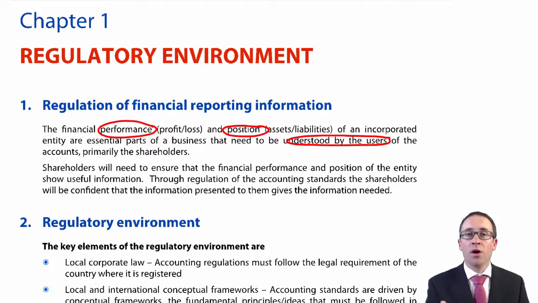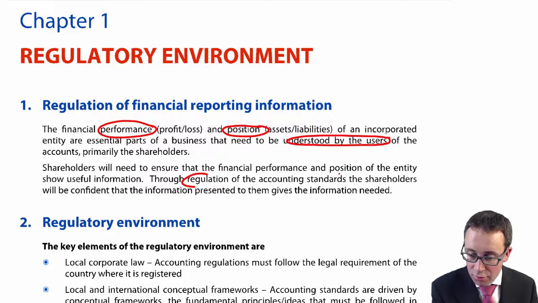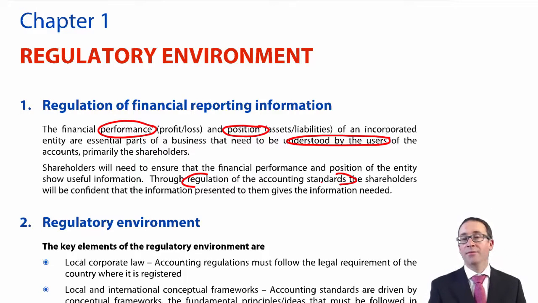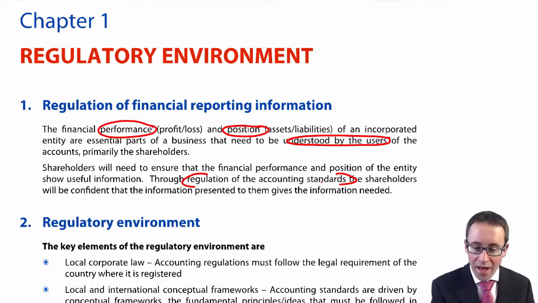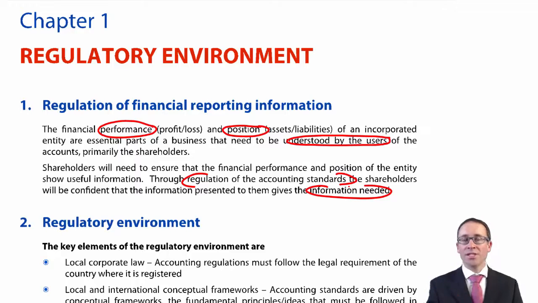The shareholders want to ensure that the information is useful, and we can ensure that through regulation of the accounting standards. If there are rules, those rules must be followed, to the letter of the law. That will ensure the shareholders get the information that is needed.